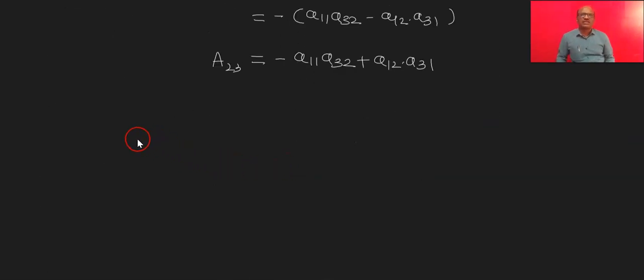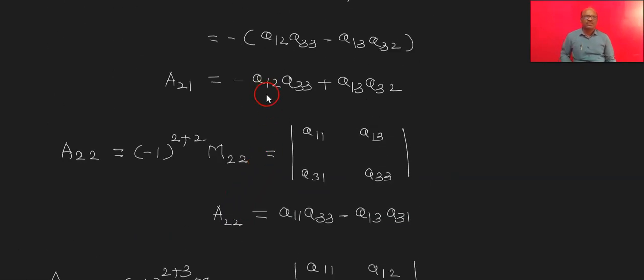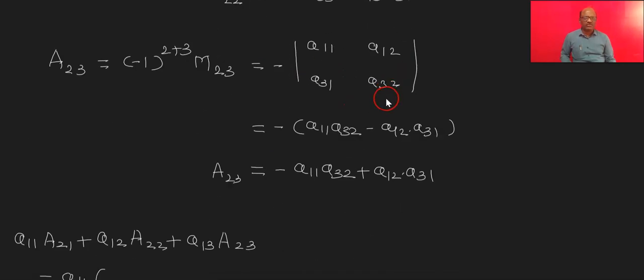Substitute the values, then you will get a11 into A21 plus a12 into A22 plus a13 into A23, and here you will get a11 in bracket A21, which is minus a12 a33, a13 a32.